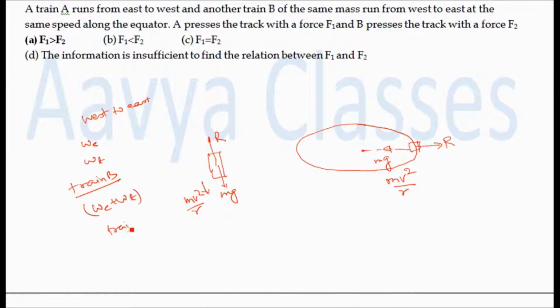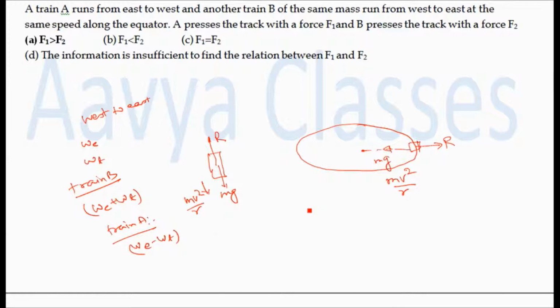However, for train A, as train A moves from east to west, the net angular speed will be omega e minus omega t.